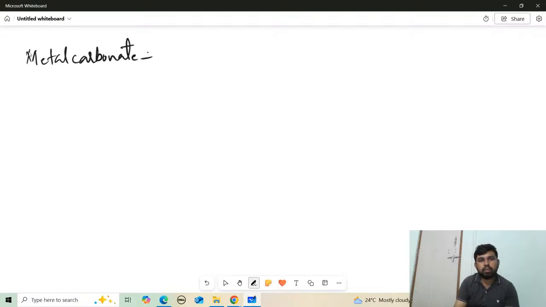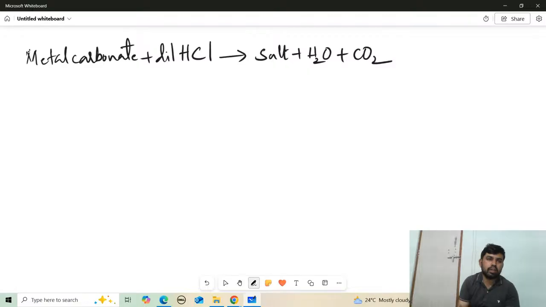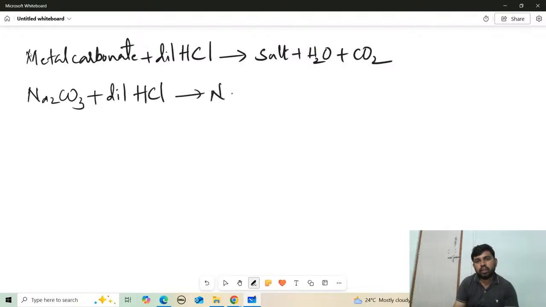Metal carbonate plus dilute acid, or we can say HCl, there is a production of salt plus water plus CO2. Example we discussed: we took sodium carbonate, Na2CO3, and made it react with dilute HCl, which produced NaCl plus H2O and CO2 gas.